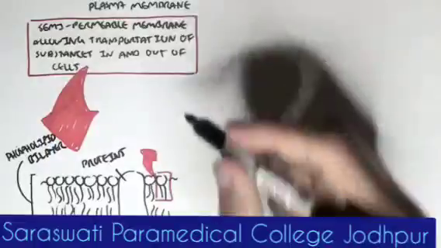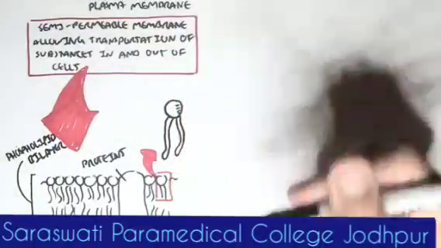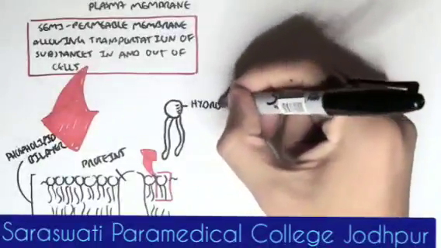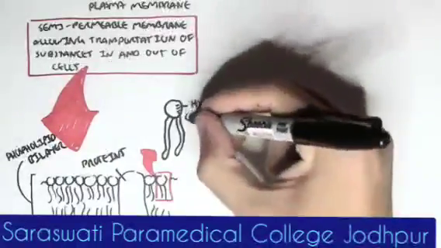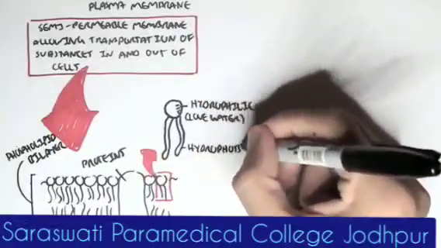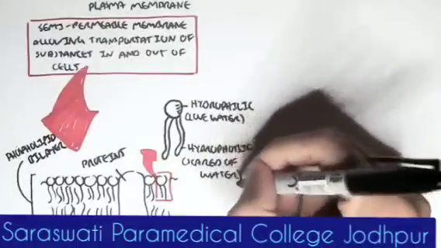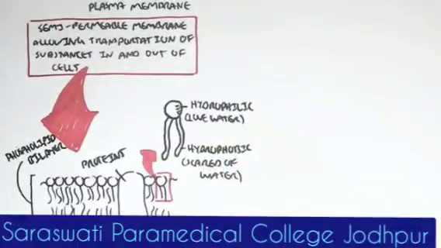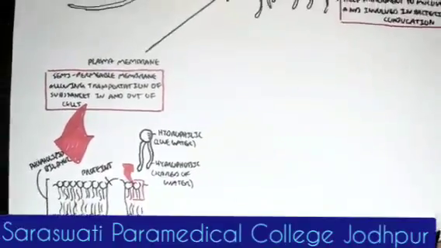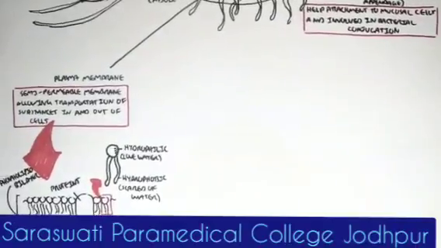A phospholipid has a hydrophilic region, which means a region that loves water, hydro as in water, philic as in love, and also has a hydrophobic region, hydro as in water and phobic as in scared. And this characteristic of a phospholipid basically enables it to form the phospholipid bilayer. And so that's for the plasma membrane.